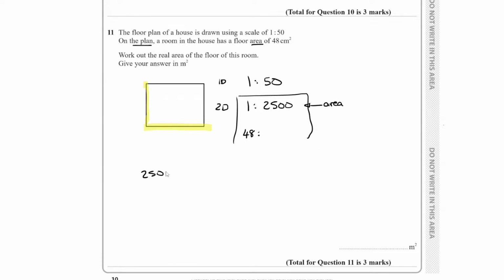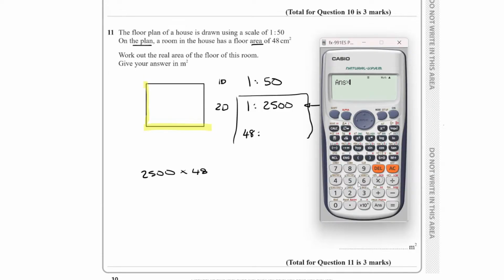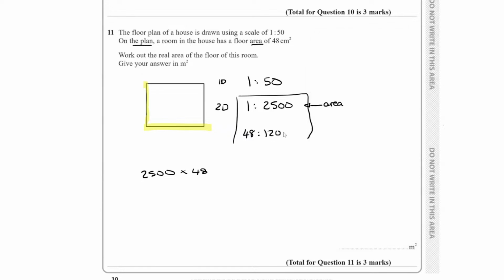So 2,500, that's just ratio. So times that by 48 is 120,000. Now, the 48 was centimetres squared, wasn't it? So the 120,000 is also centimetres squared.